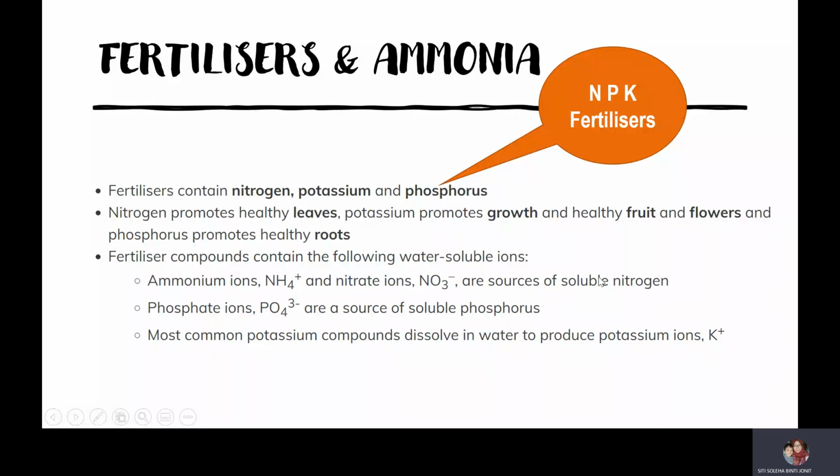Okay, this is the source of soluble nitrogen. Phosphate ions consist of a phosphorus atom and 4 oxygen atoms with the negative 3 charge, and it's the source of soluble phosphorus. Most common potassium compounds dissolve in water to produce potassium ions, which is K+.